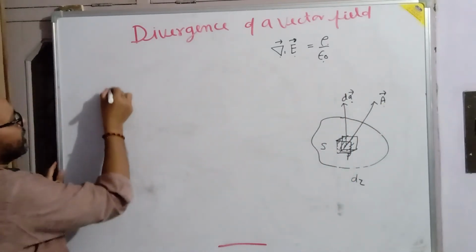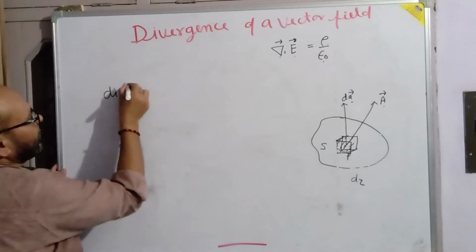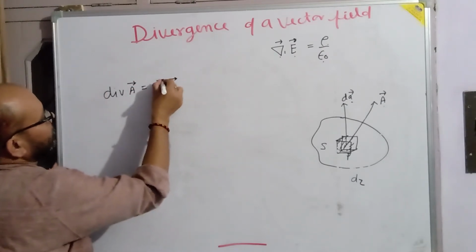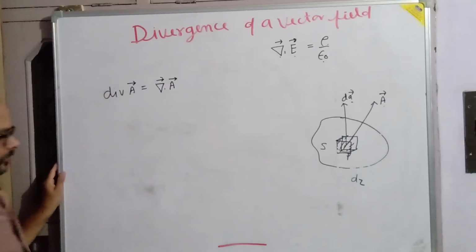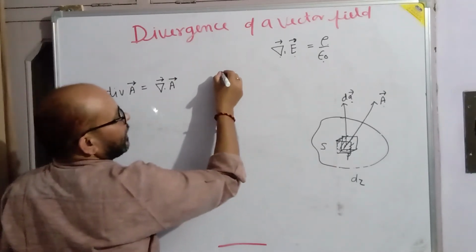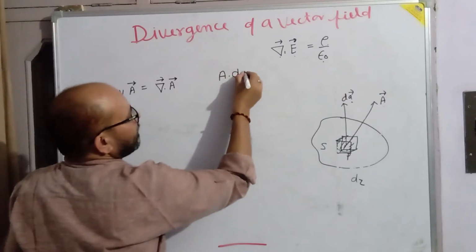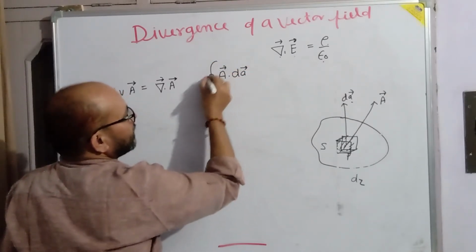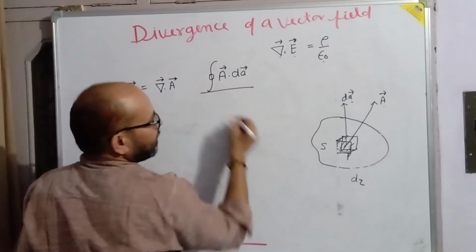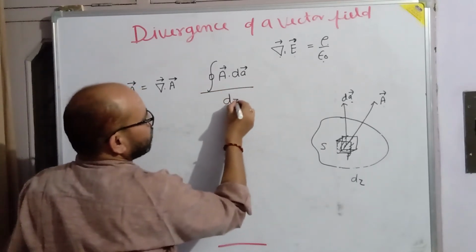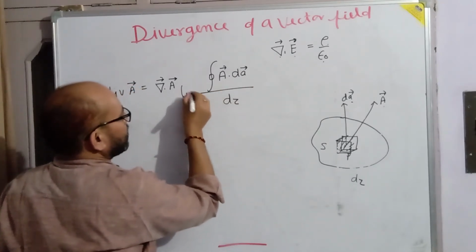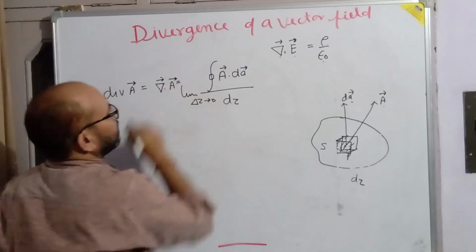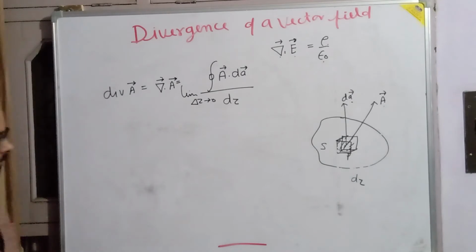So divergence of A equals limit delta tau tending to 0 of the closed integral of A dot dA upon d tau, right?